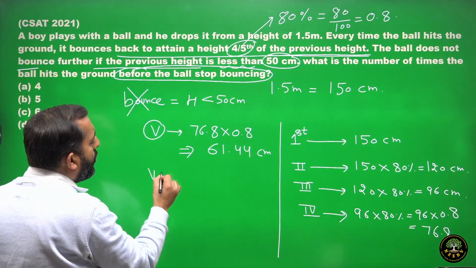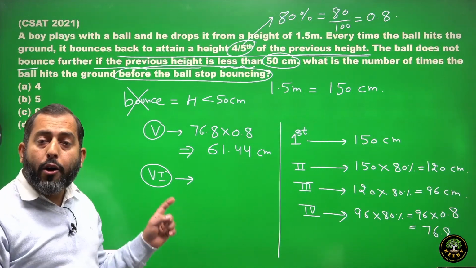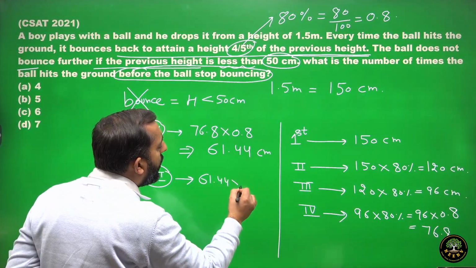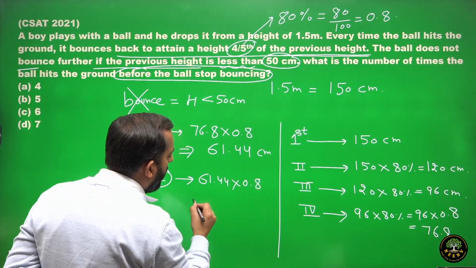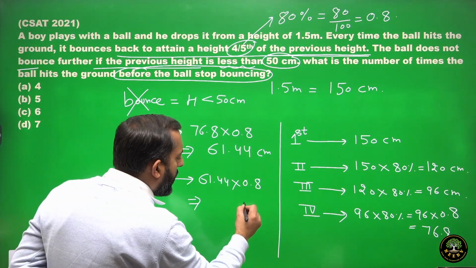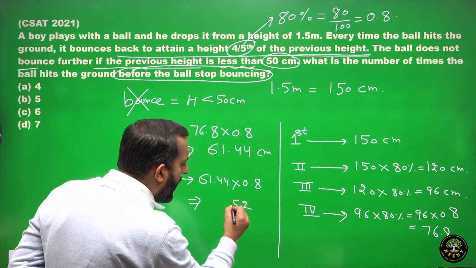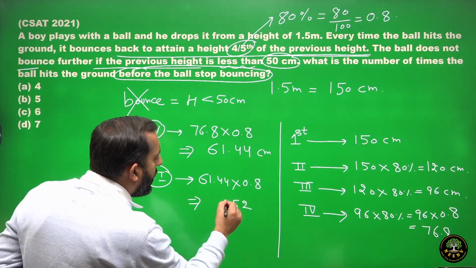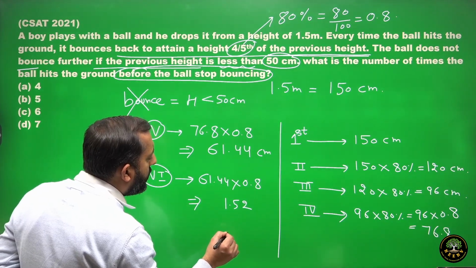Now let's talk about what will be the distance covered by the ball before hitting the ground for the sixth time. So it will be 61.44 into 4/5, which is what? 0.8. And if you solve this, 8 4s are 32, 8 4s are 32, and 3, 35 point 4, 3 is carry, 1 is here, and 8 6s are 48.